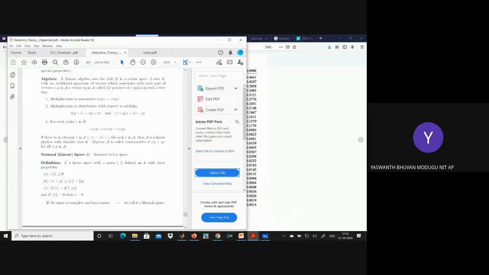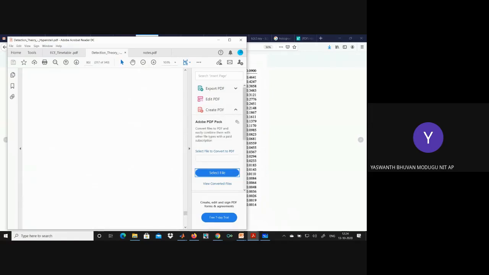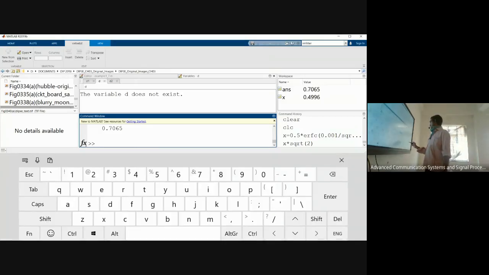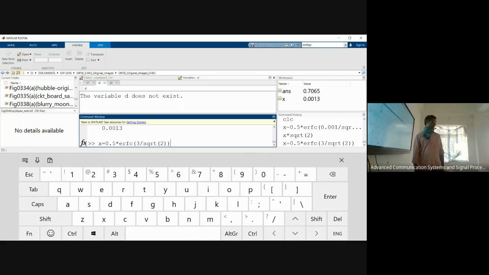Sir, in place of gamma, you have substituted 0.001, sir. Did you understand what I have done? See, actually, I took the gamma value as 3.